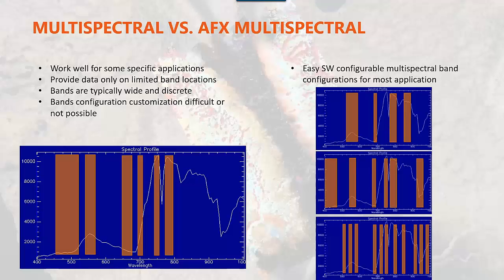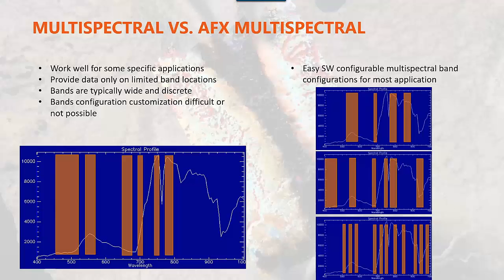When using the AFX multispectral configuration based on the MROIs, we can easily define any number of bands, band locations, and bandwidths. So it's very easy to configure and define the most optimal configuration of bands for your specific applications.